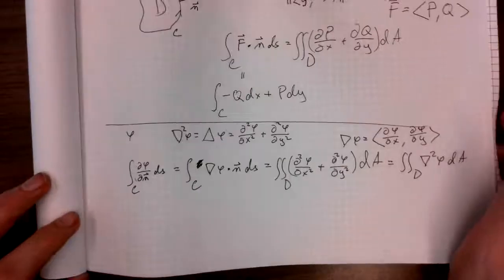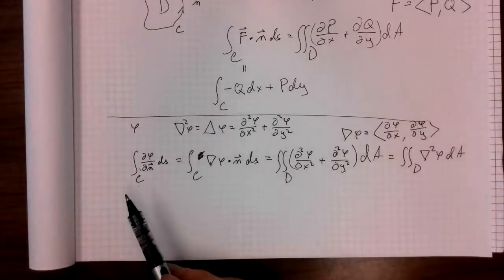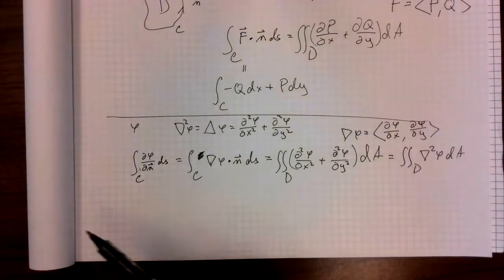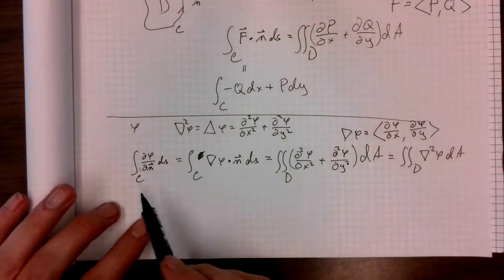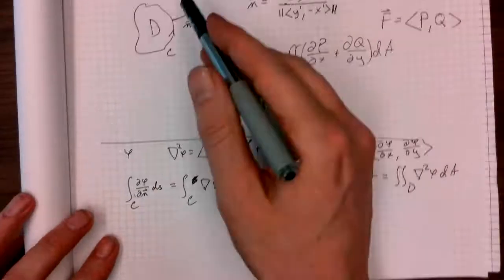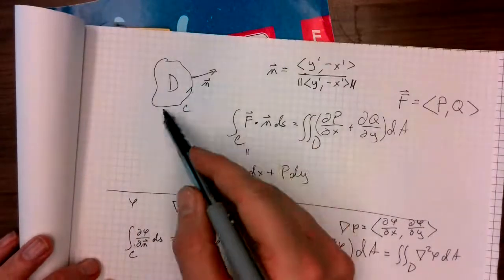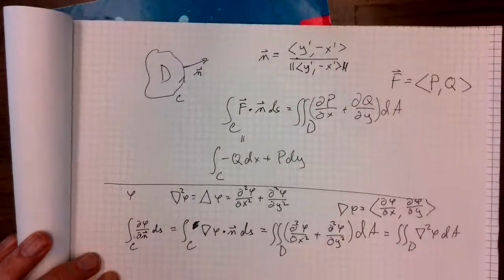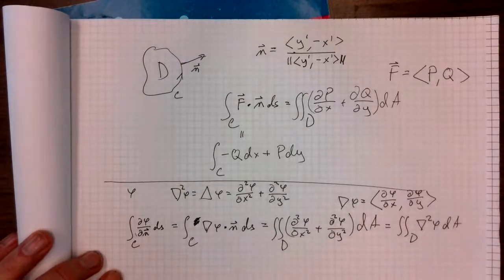All right. So what this says is that if I look at how much stuff is leaving my region, it's equal precisely to the integral of the Laplacian of phi.